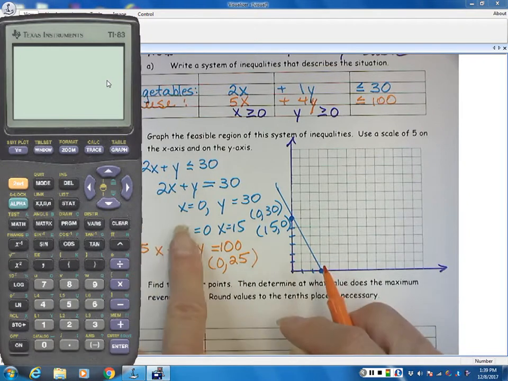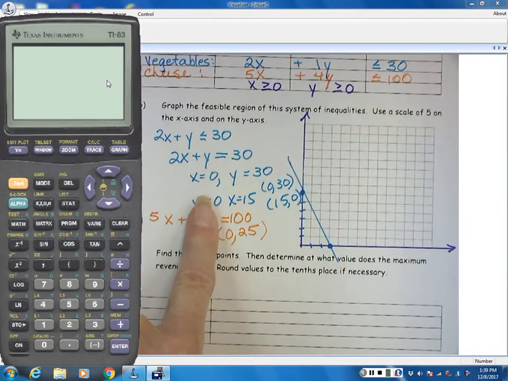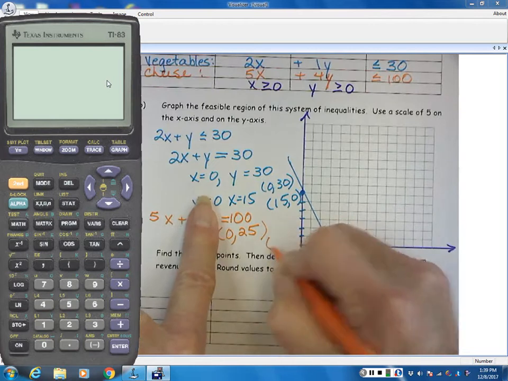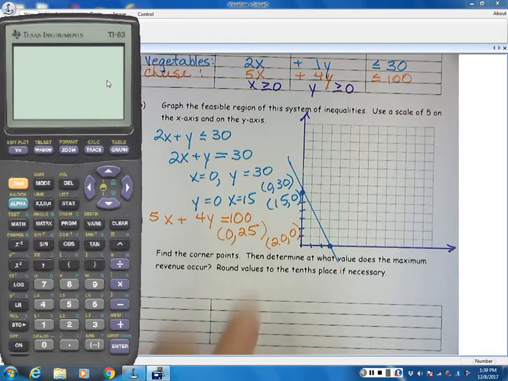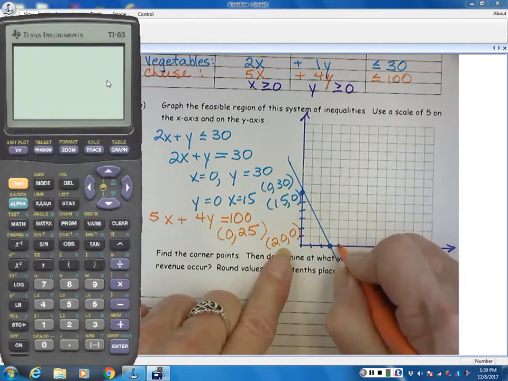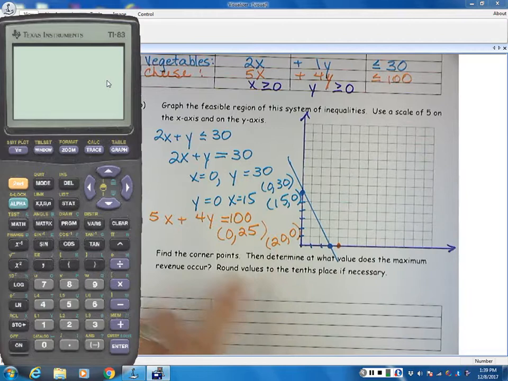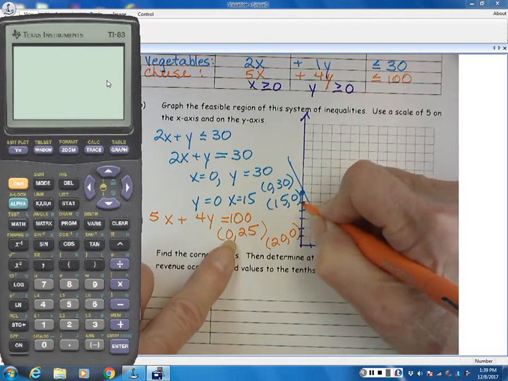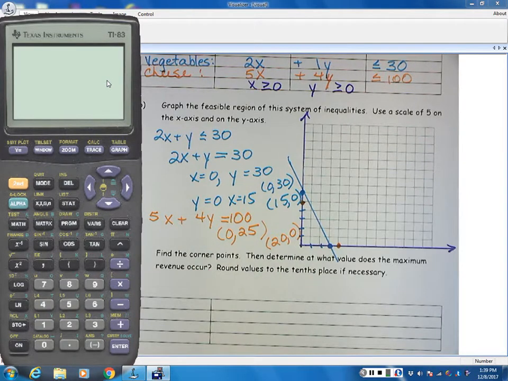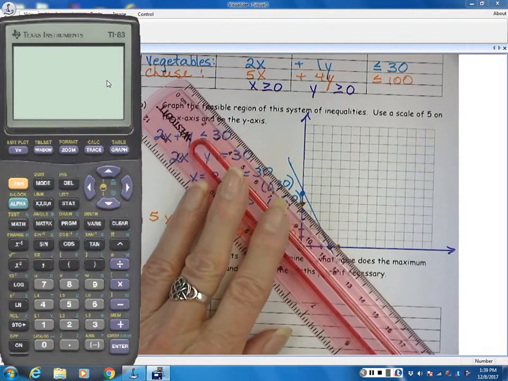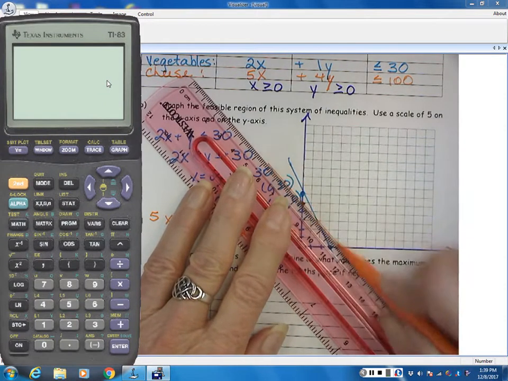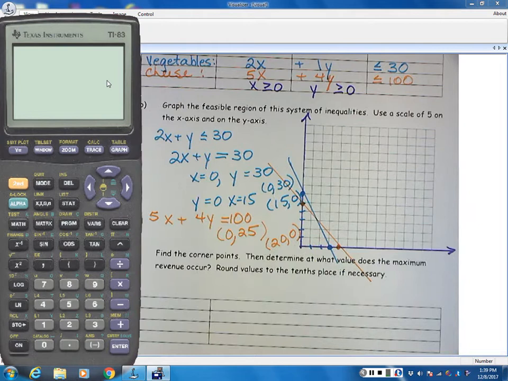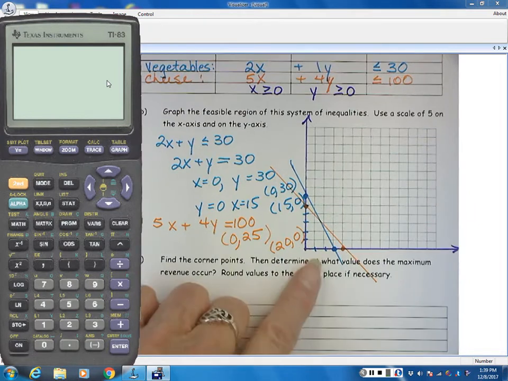And if we let y be 0, then 5x equals 100 and x would be 20. So there's our 2 points for that. So 20, 0 would be right here, and 0, 25 would be right here. So there's our cheese equation.